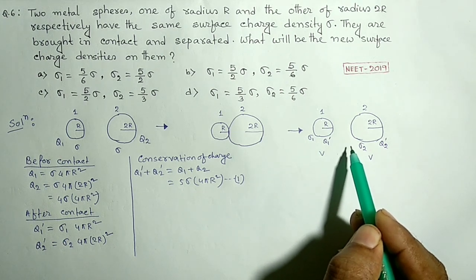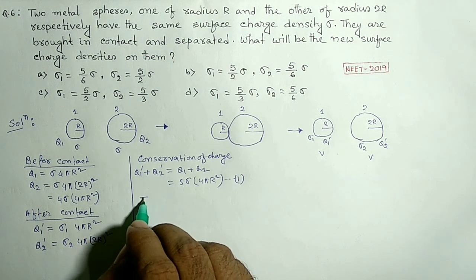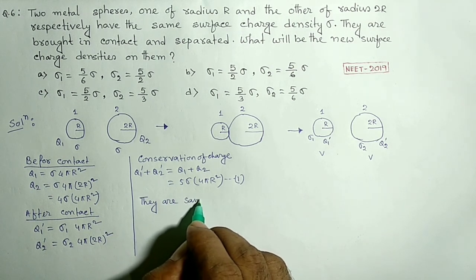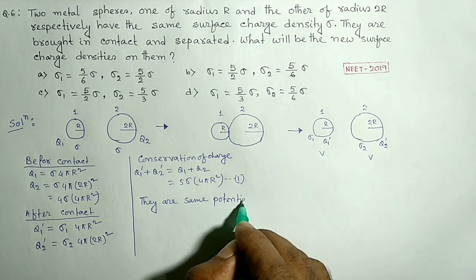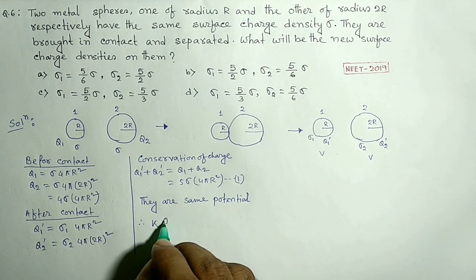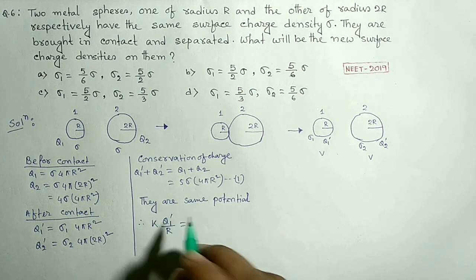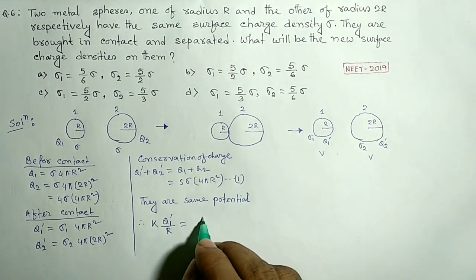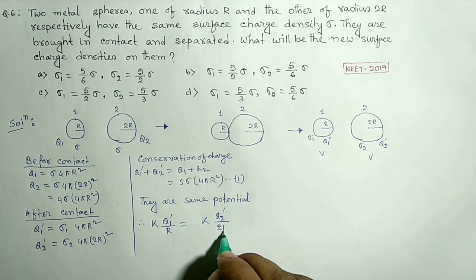Now they are at the same potential when they are separated. Therefore, K Q1 dash by r, this is the potential of the first sphere, and the potential of the second sphere will be K Q2 dash divided by 2r.